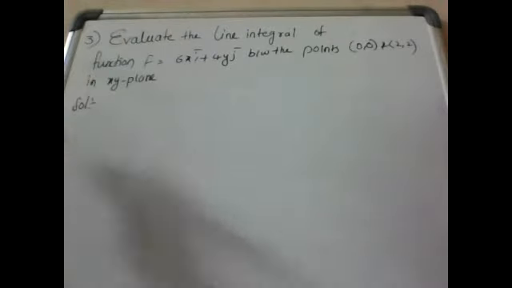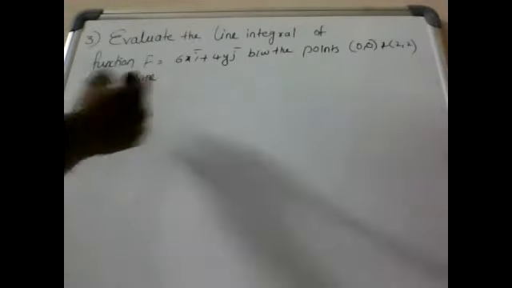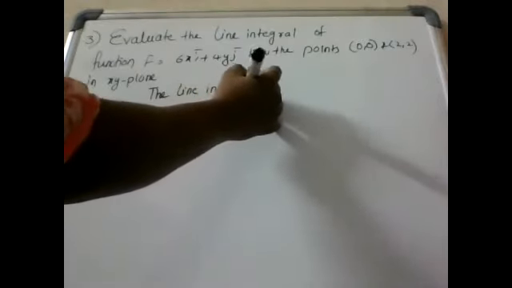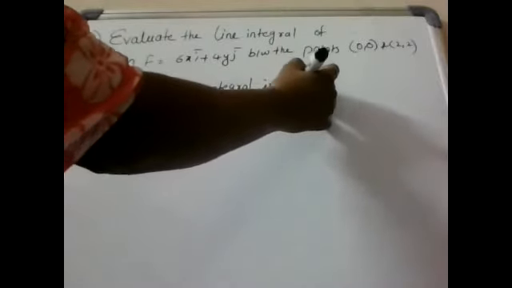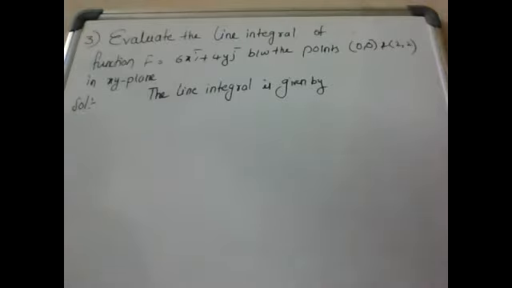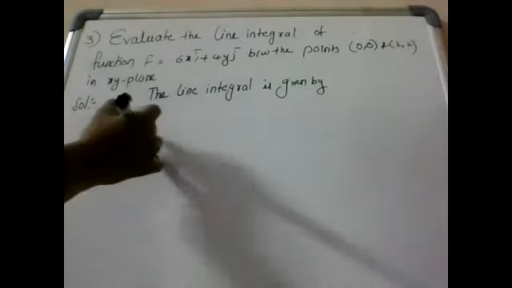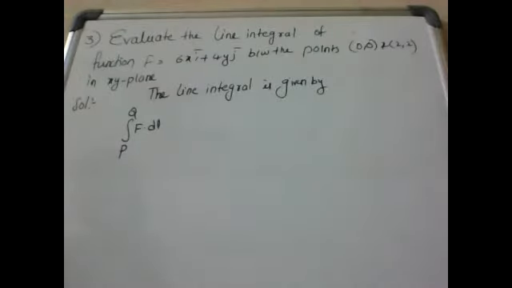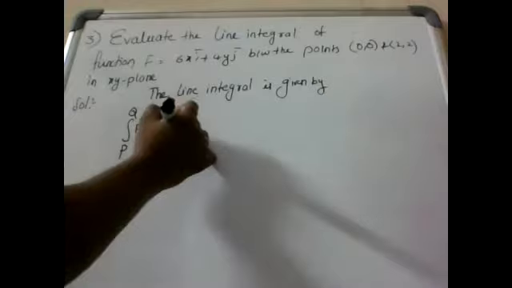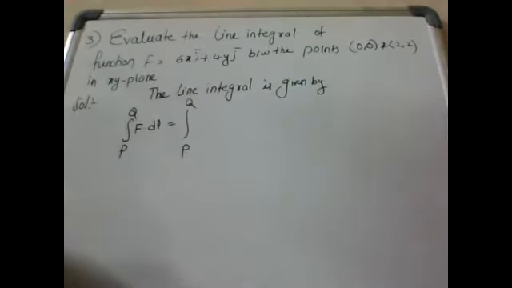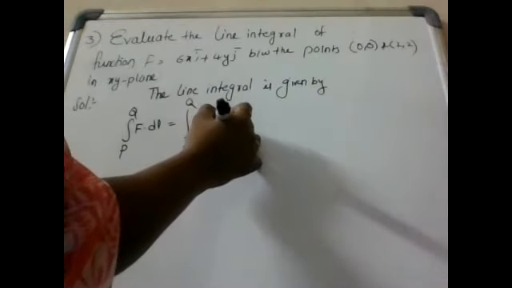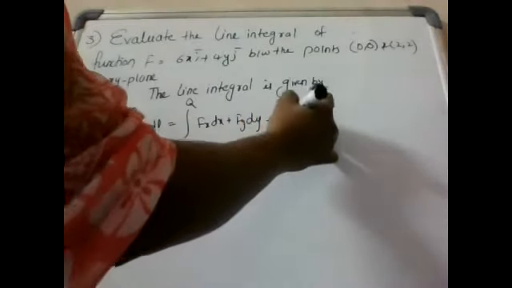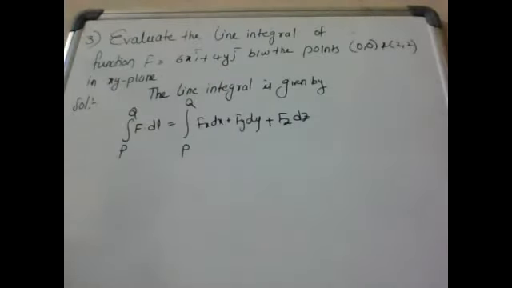In the solution, the line integral is given by integration p to q f dot dl, integration p to q f suffix x into dx plus f suffix y into dy plus f suffix z into dz.